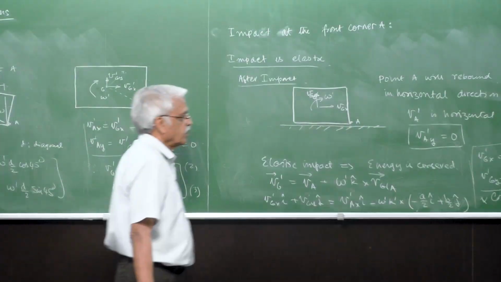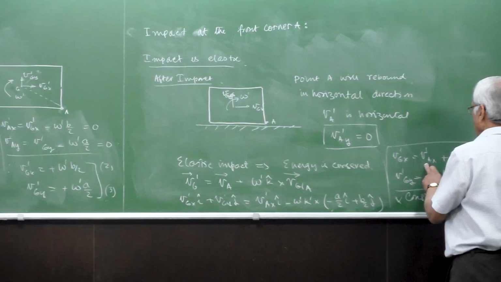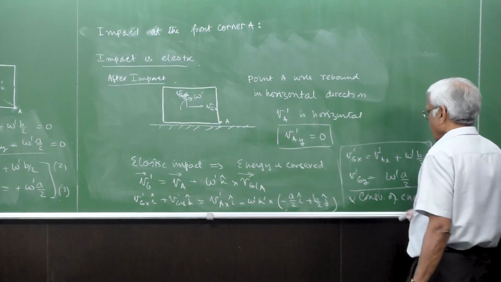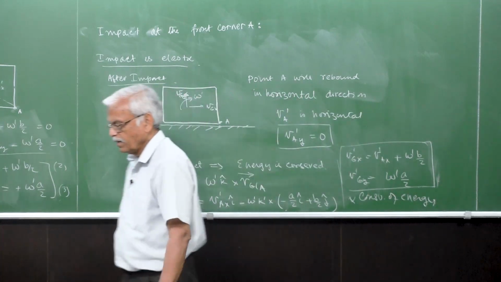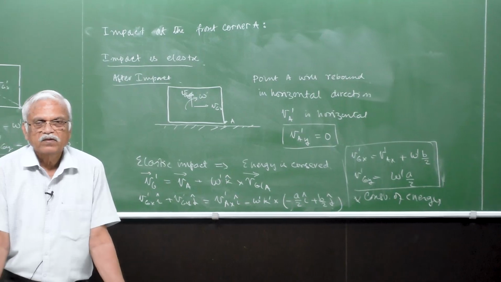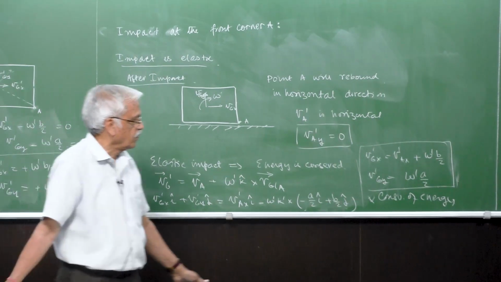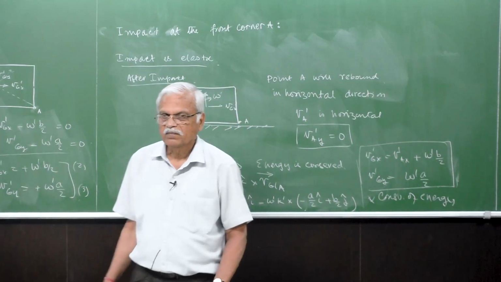We have the unknowns V prime Ax and omega prime, and we have the moment of momentum equation about A, which you can still apply. So that is one equation together with the conservation of energy, and you will be able to solve this problem.